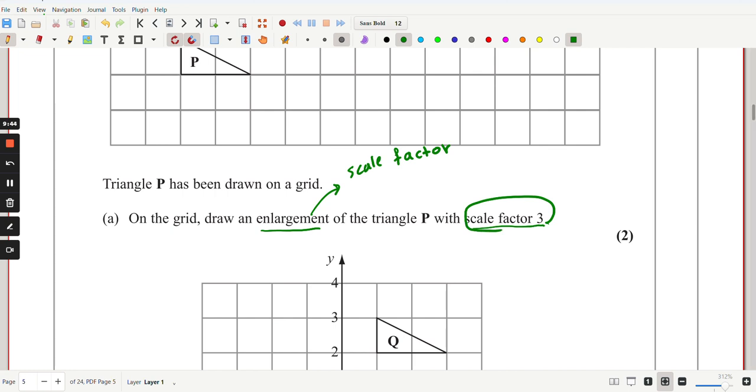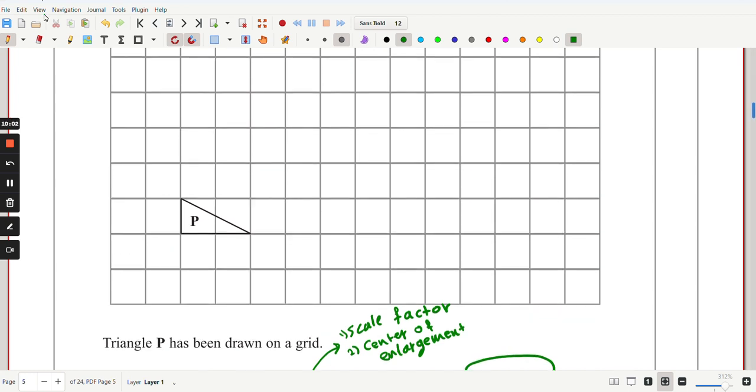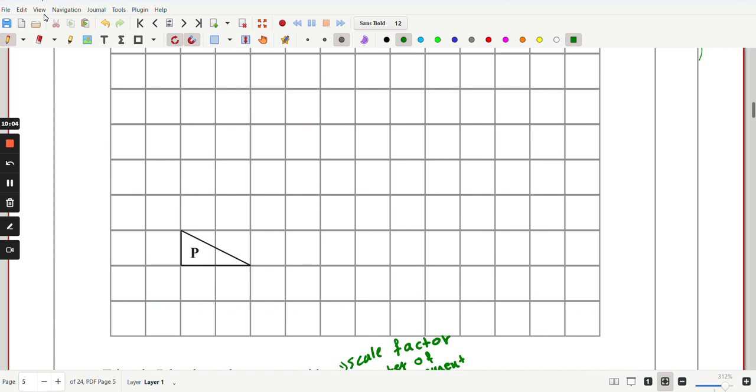Now, this is the first. Second, we need the center of enlargement. The center of enlargement is not given here, but we will use the origin point.